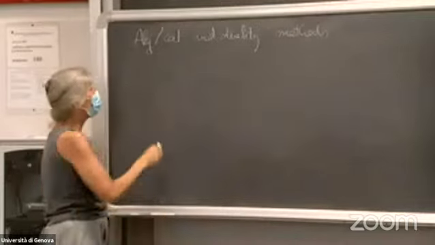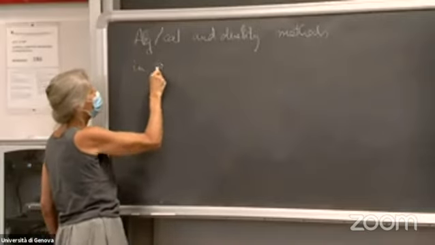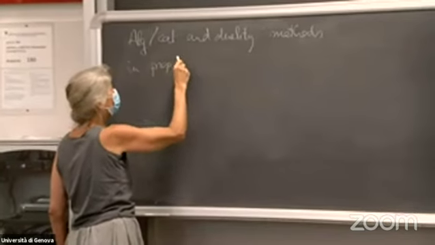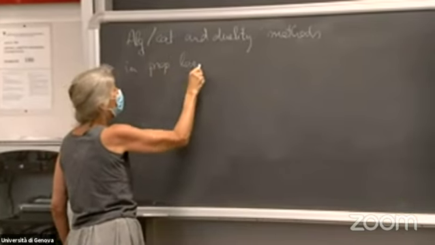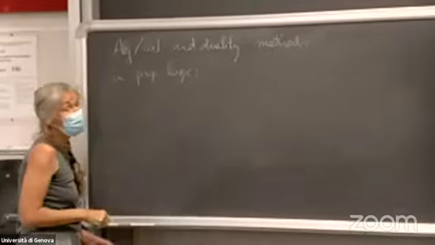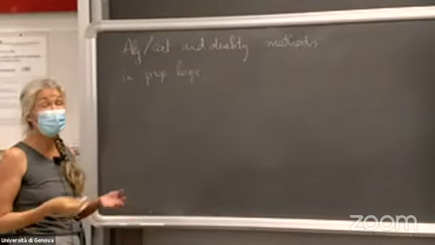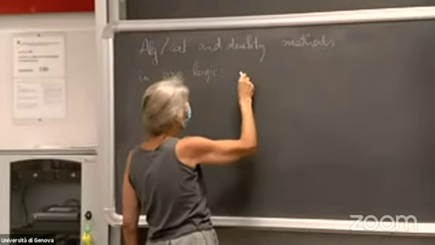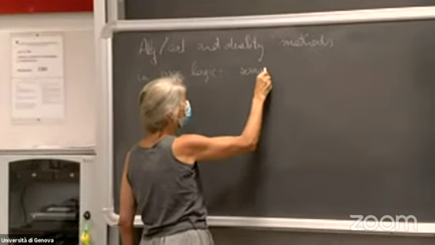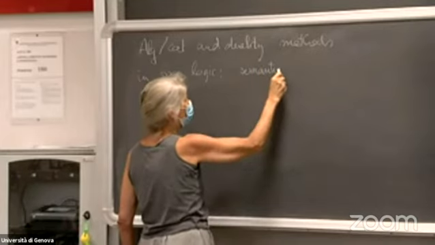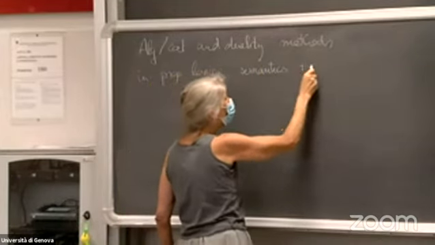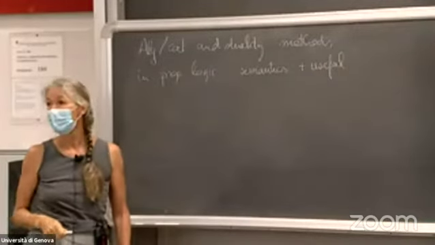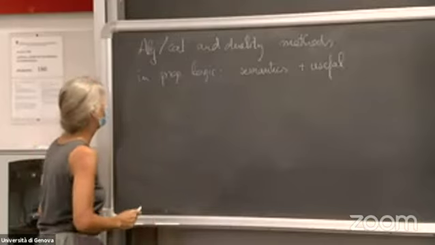And the point is that if you look in propositional logic, this has been very powerful and very useful and has been very much used. So at the basis, what it provides for you is semantics. And this is, of course, very good. But also it's really useful as a technical tool for proving lots of theorems.